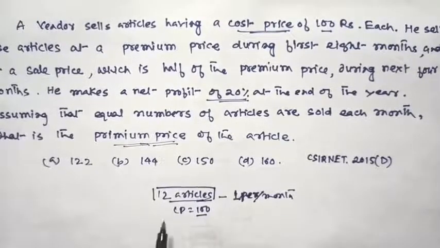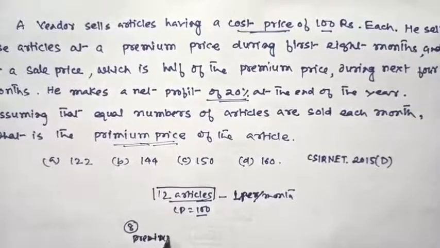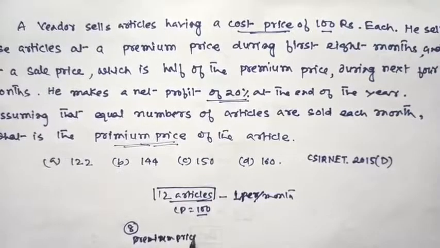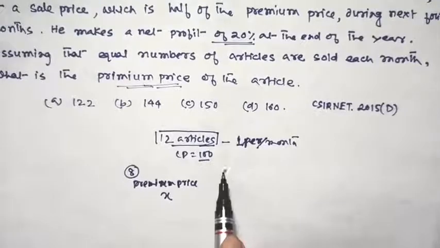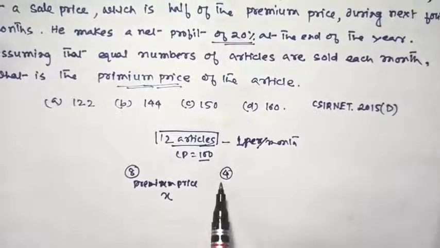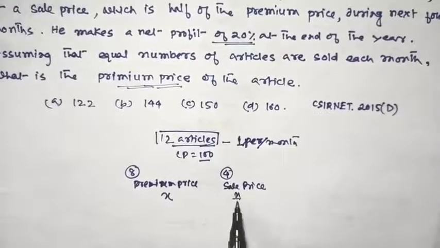For the first 8 months he was selling the articles at the premium price, suppose X, and for the second 4 months he was selling at the sale price, and this sale price is half of the premium price. This is given in the question.